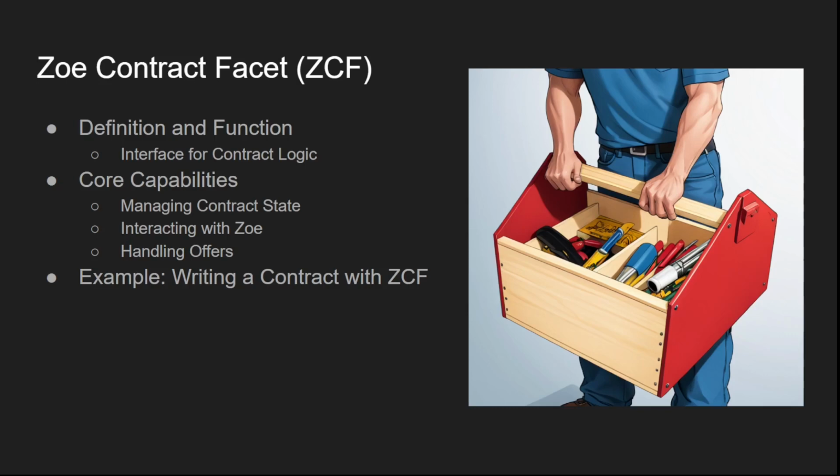In this example, ZCF simplifies the process of managing the auction's logic and state, ensuring that all interactions are handled securely and efficiently. By leveraging ZCF, developers can write smart contracts that are both powerful and secure, taking full advantage of Agoric's capabilities to manage assets and interactions.